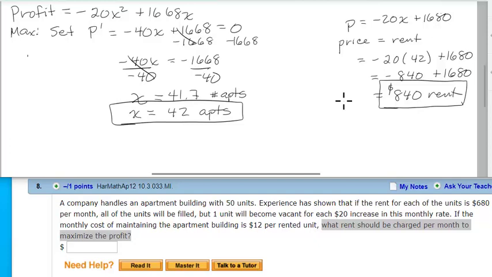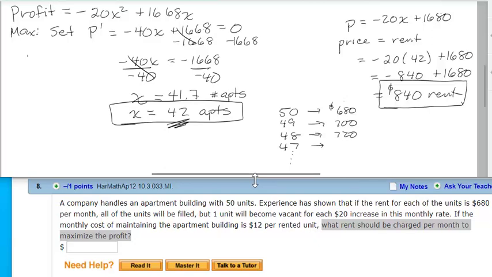Your other option is to say, if 50 apartments could rent for $680, then 49 would rent for $700, 48 would rent for $720, 47, and so on. You have dropped the number of apartments 8 times to get down to 42.